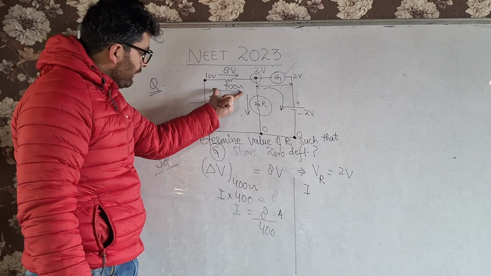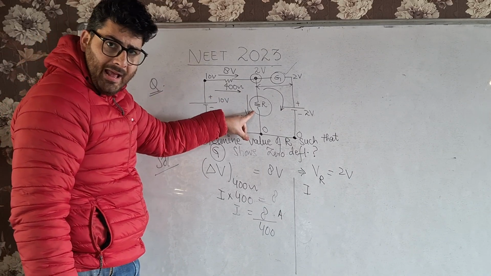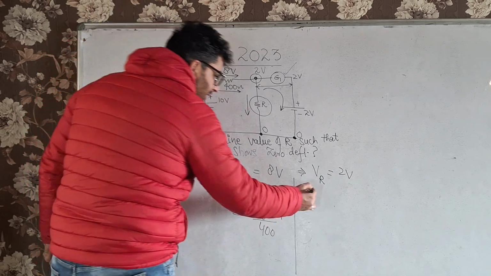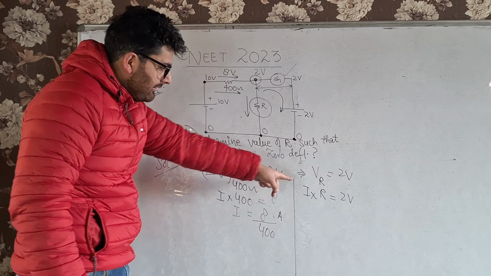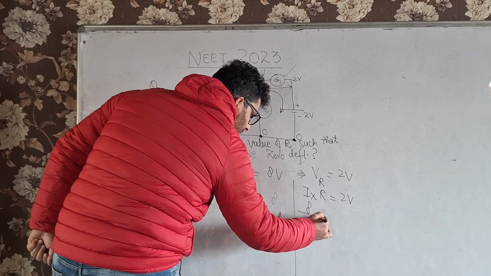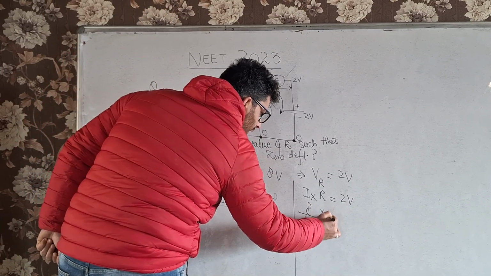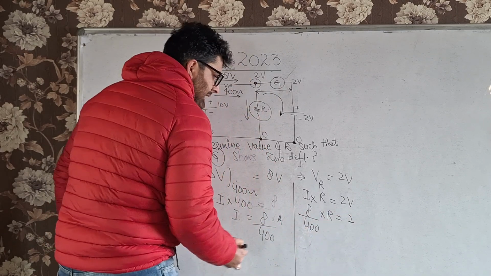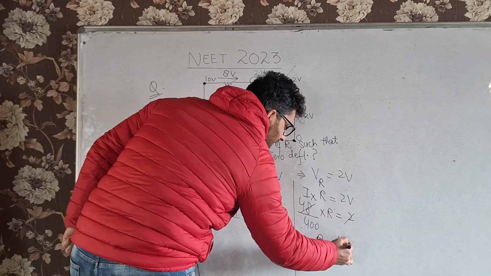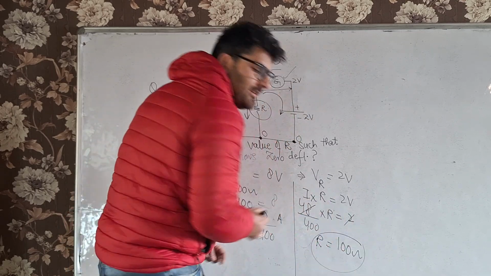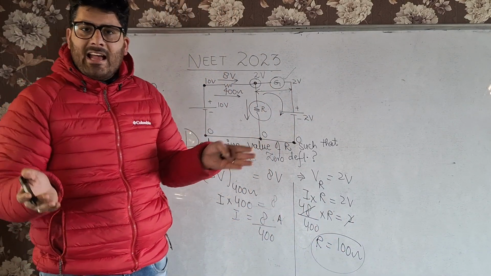The amount of current flowing across 400 ohm will be the same as flowing across R, and current into resistor R is equal to 2 volt. I will put the value of I here. 8 divided by 400 into R will be equal to 2. That means 2 ones are 2, 2 fours are 8, so the value of R will be 100 ohm. This is a simple problem. Simple as you get.